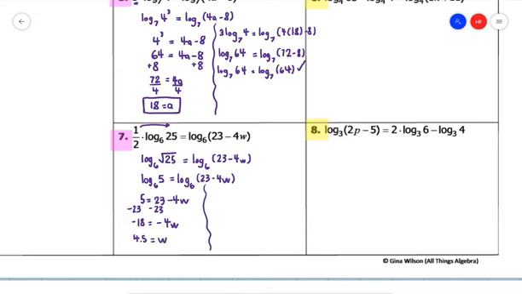And then we'll plug that back in, make sure that it works. So we've got log base 6 of 5 equals log base 6 of 23 minus 4 times 4.5.